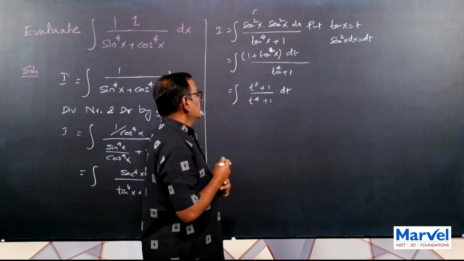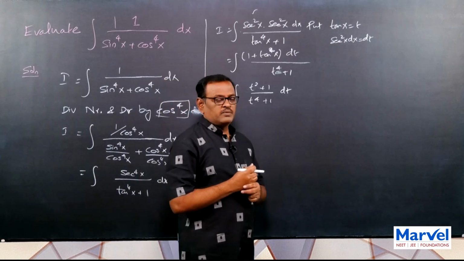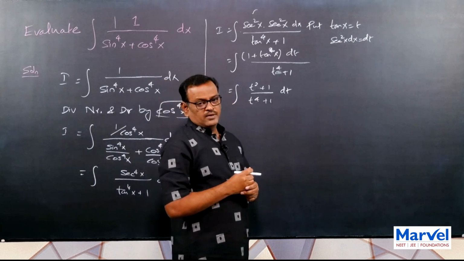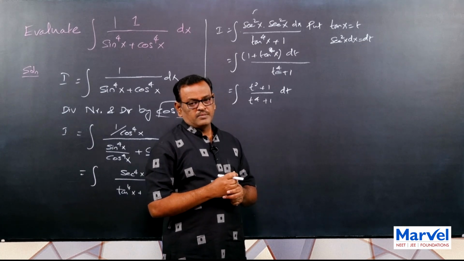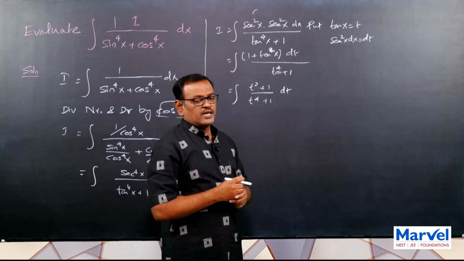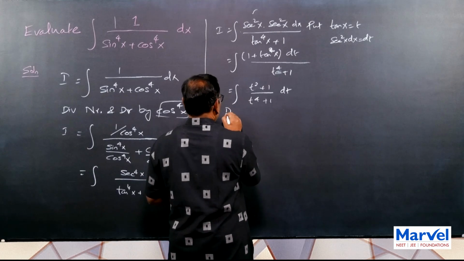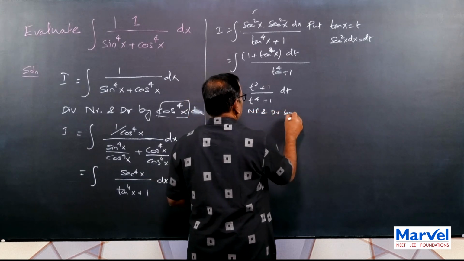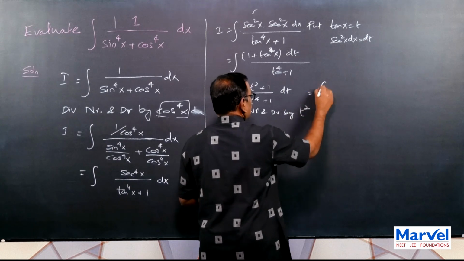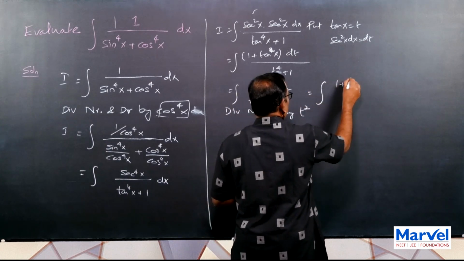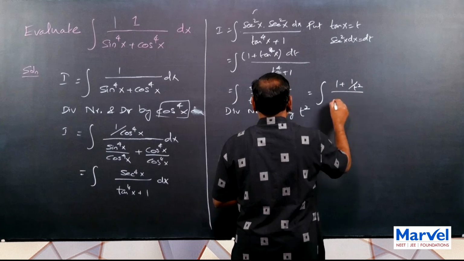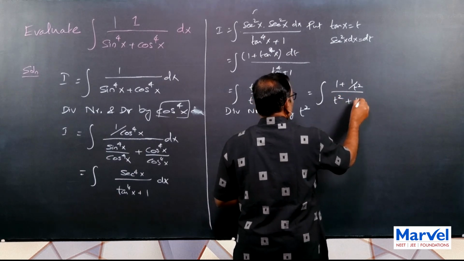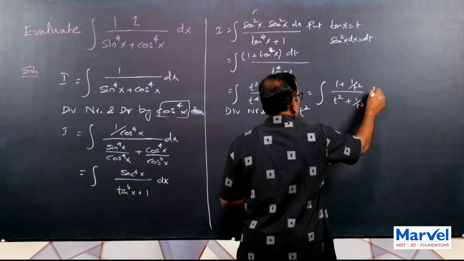Already we know the numerator is second degree and the denominator is fourth degree. The working rule is to divide numerator and denominator by t square. So again divide numerator and denominator by t square, which is equal to 1 plus 1 by t square by t square plus 1 by t square dt.